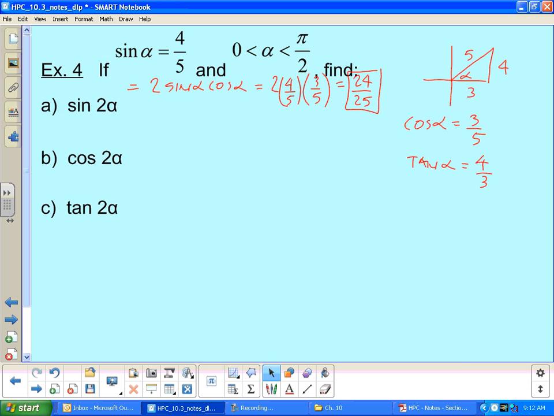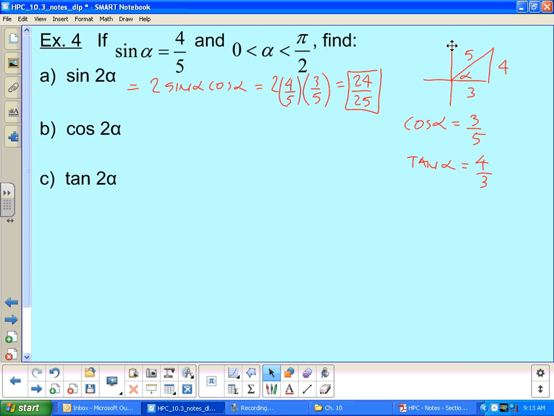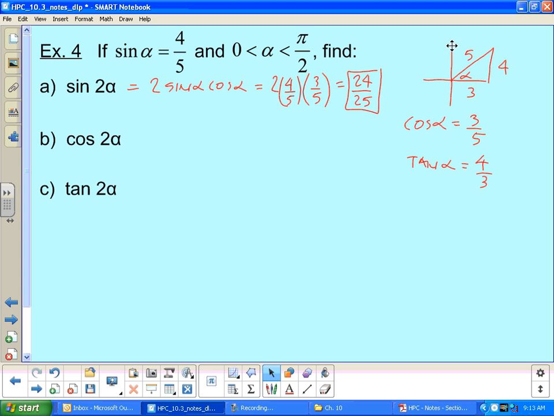Spread these out a little bit. How about cosine of 2 alpha? Well, we have, again, our three options. So let's go ahead with the cosine squared minus the sine squared. And in that case, probably going to run out of room here, so we'll have to move the tangent one down.